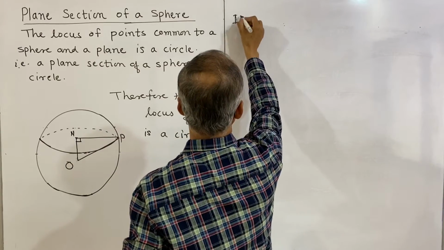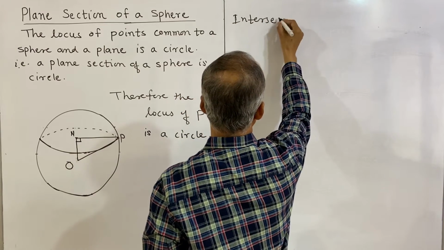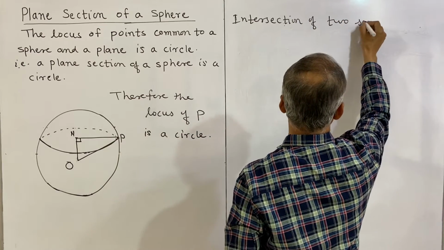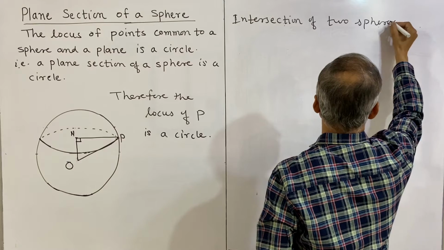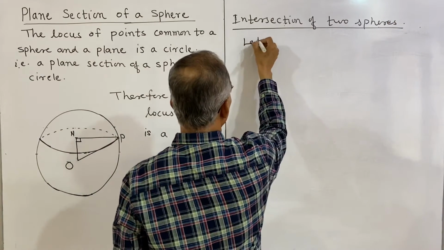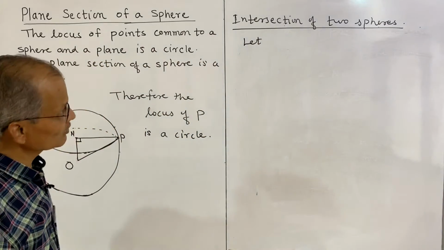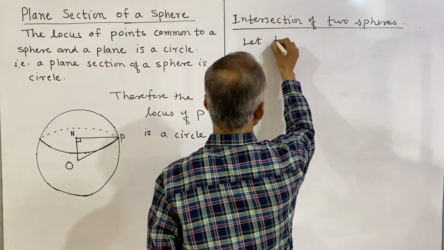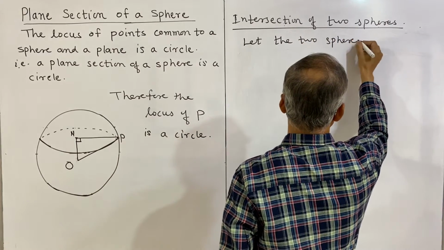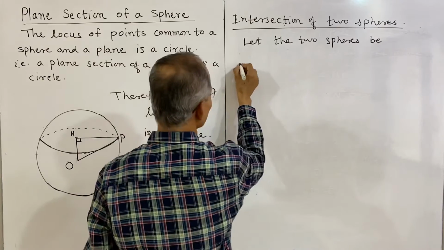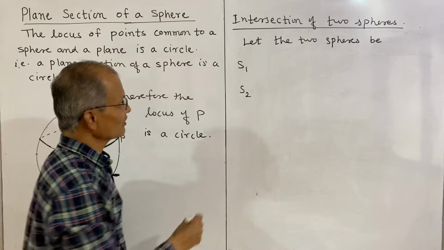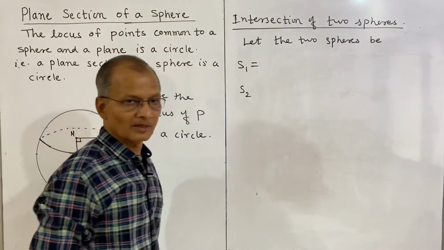See, the next part is the intersection of two spheres. Let the two spheres be represented by S1 and S2, and we write the equation of a sphere in general form.